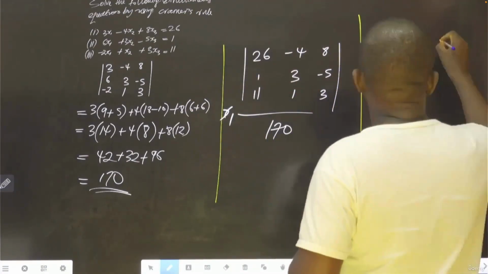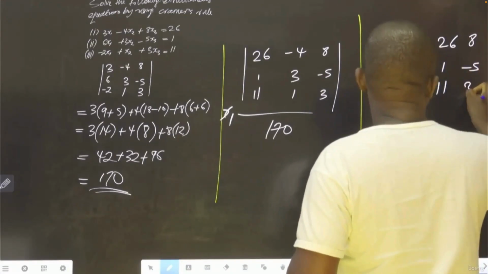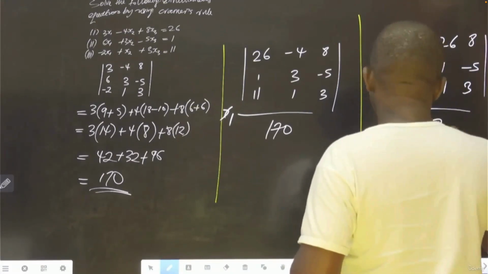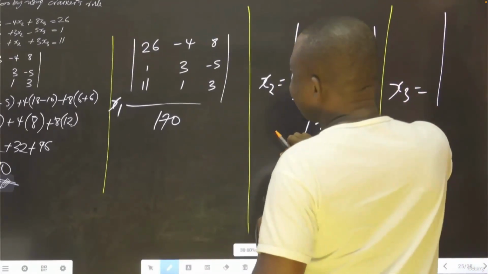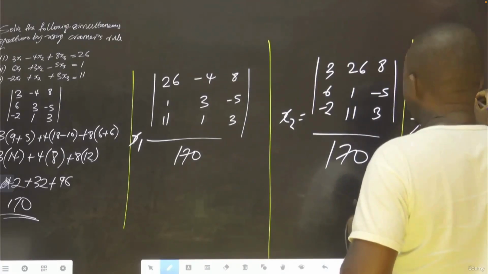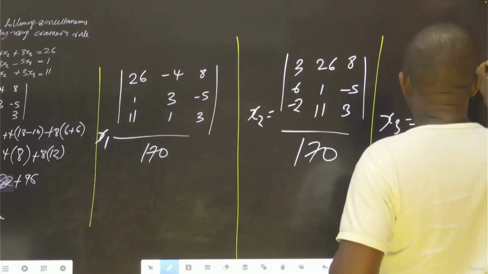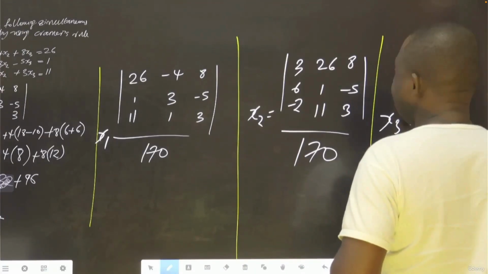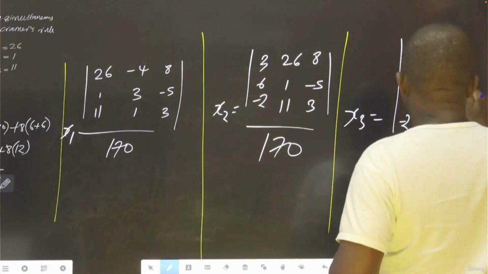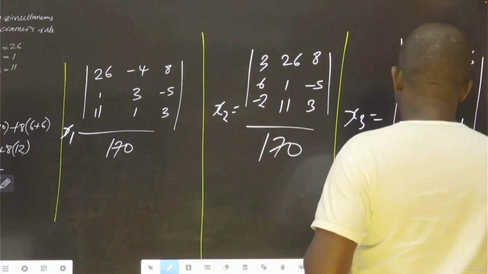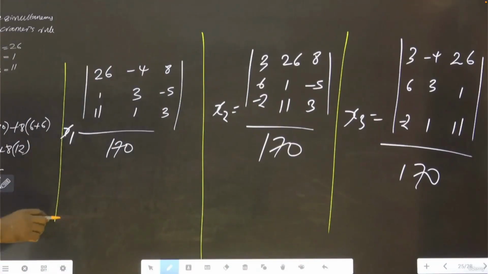That is 26, 1, 11, 8, minus 5, 3. Divide by 170. To get x3, we retain everything: 3, 6, minus 2, minus 4, 3, 1. This last part we put 26, 1, 11, all over 170. Okay? These are to get their values.